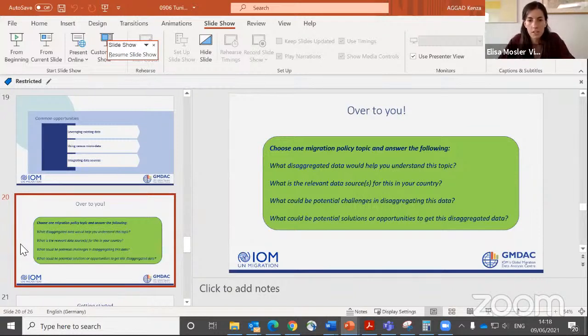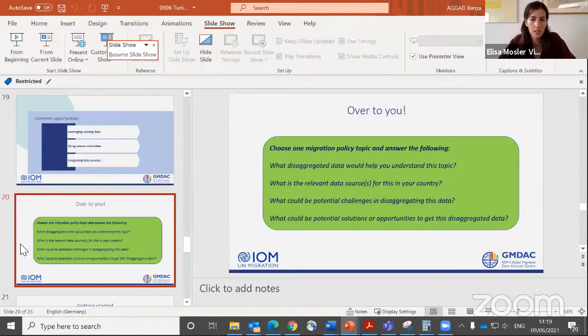And so I'm curious to hear, for example, if you think about one migration policy topic in your country, could be anything: labor migration, unaccompanied migrant children, diaspora or remittances, anything. I'm curious to hear what disaggregated data would help you in this country understand this policy topic.